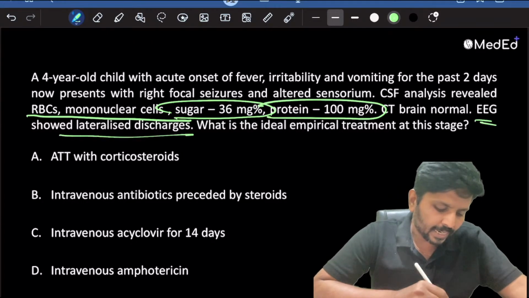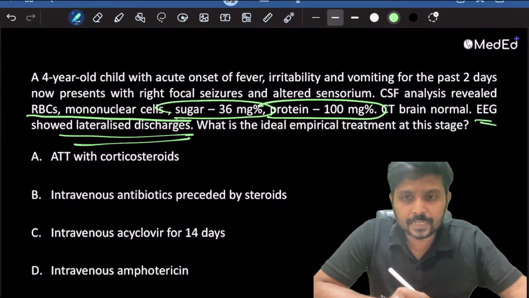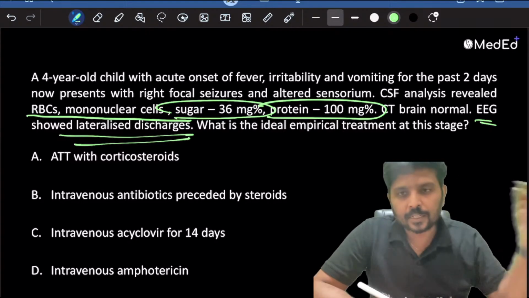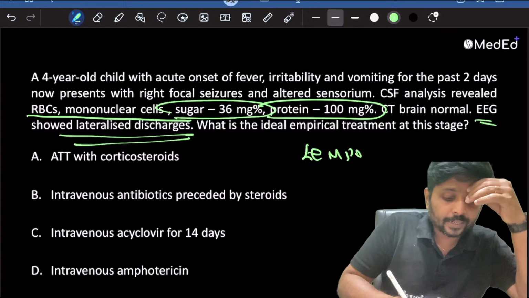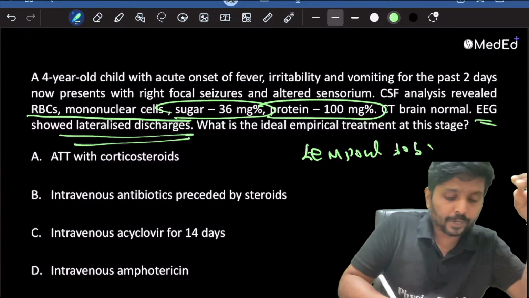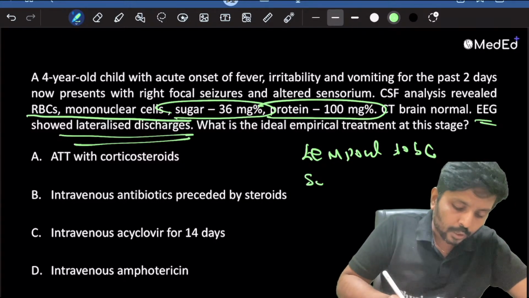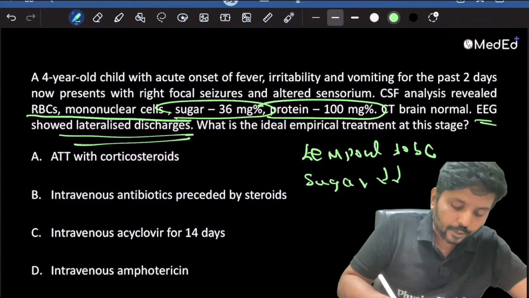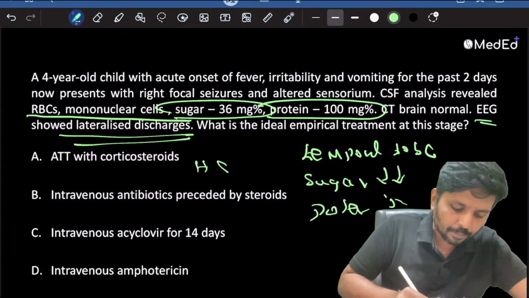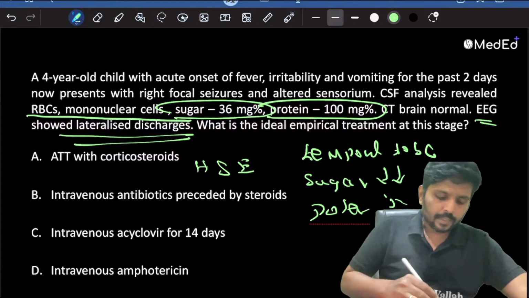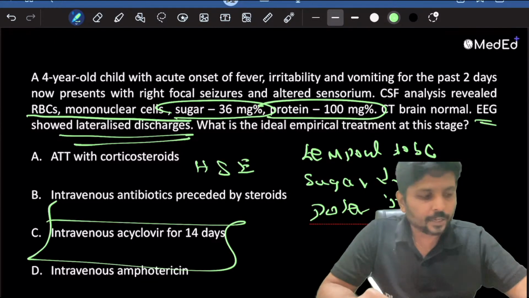EEG shows lateralized discharges. Lateralized discharges means discharges over the temporal lobe. So temporal lobe encephalitis. Remember, temporal lobe encephalitis, sugar mildly reduced, protein mildly increased means this is herpes simplex encephalitis. The treatment of choice is acyclovir.